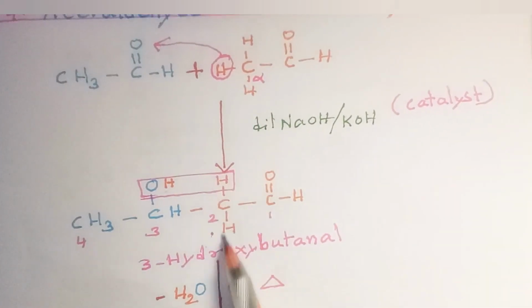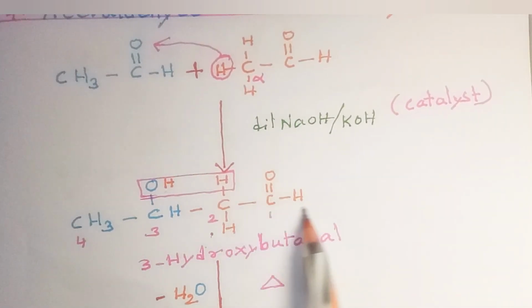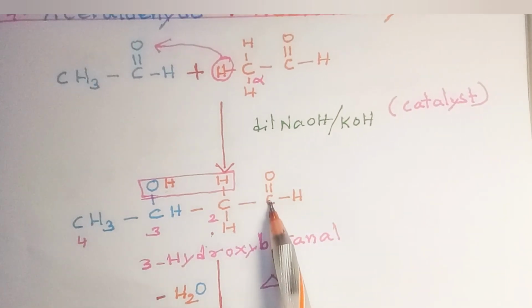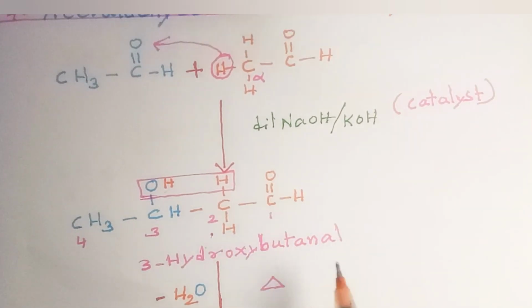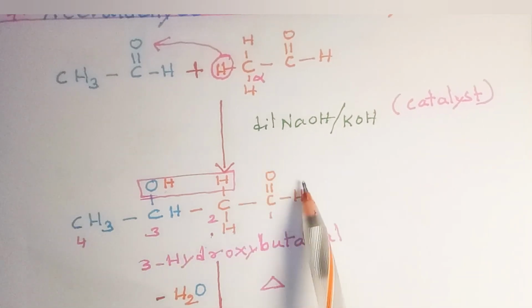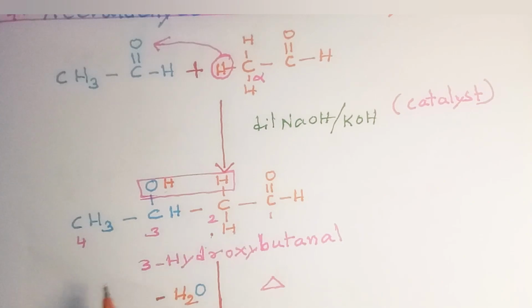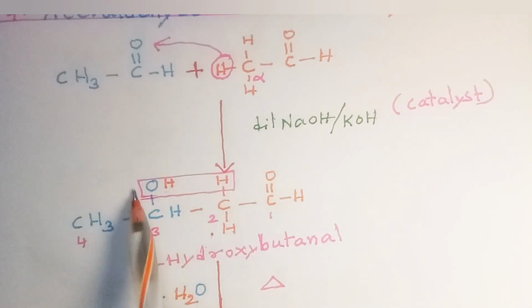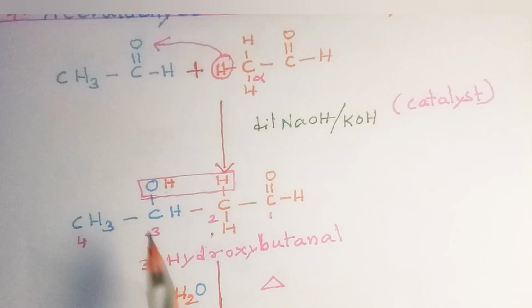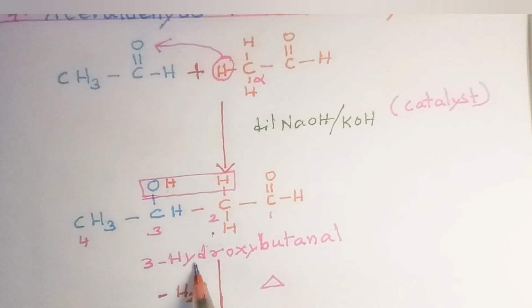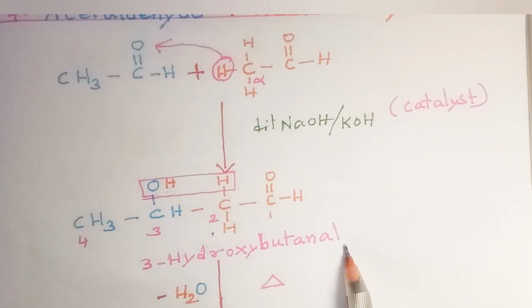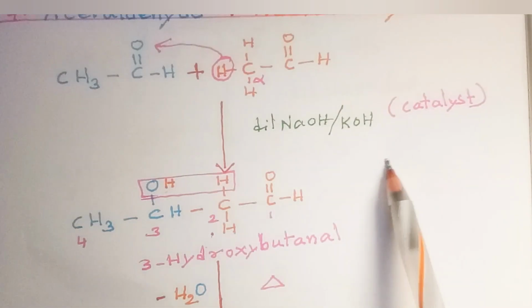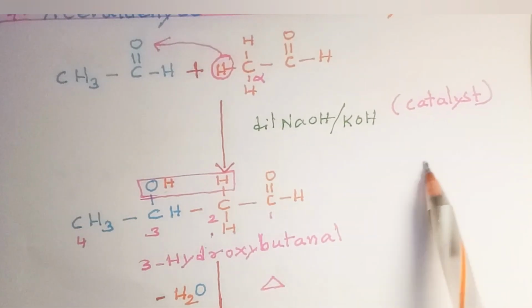We write 2 alpha hydrogens here. This is C double bond OH, so it is an aldehyde. It has 4 carbon atoms, so it is a butanal because the aldehyde functional group is there. There is a hydroxyl group present on the third carbon, so it is 3-hydroxybutanal. This is the aldol formation product.